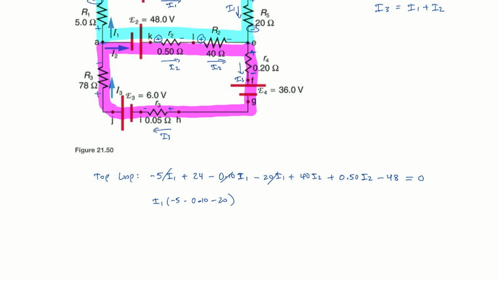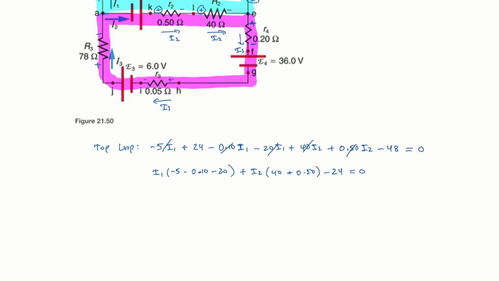Then we can factor out the I2. We've got 40 and 0.5. That way we have fewer terms. And then we've got 24 minus 48. So that is going to be minus 24. All of that equals 0.